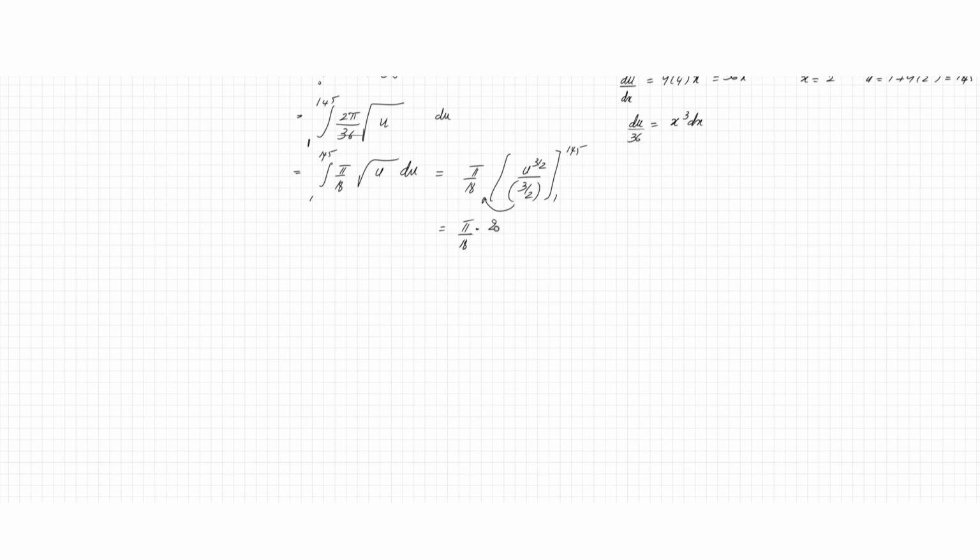So pi over 18 times 2 over 3. I get pi, that's 9, and then 3, so that's pi over 27, times 145 raised to the power 3 over 2, minus 1 to the power 3 over 2.